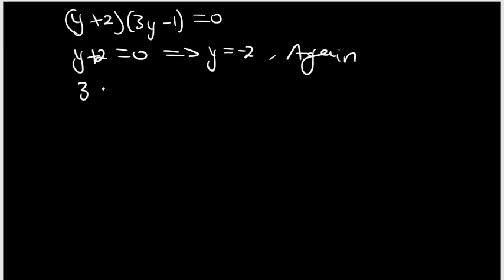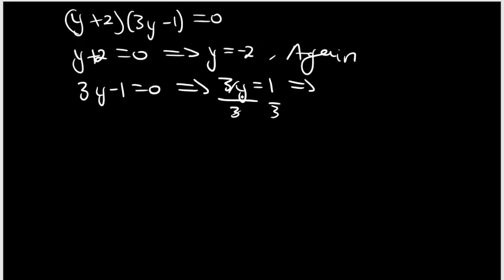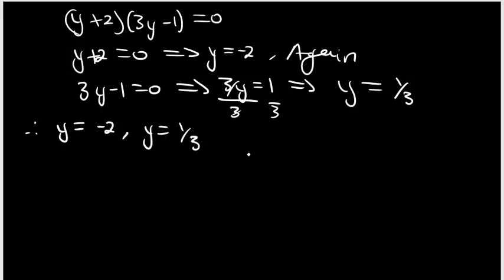That is 3y minus 1 is equal to 0. And we're going to have our 3y being equal to 1, which implies that when we divide both sides by 3, we are going to get y to be equal to 1 over 3. Therefore, we have y to be equal to negative 2 and then y to be equal to 1 over 3.